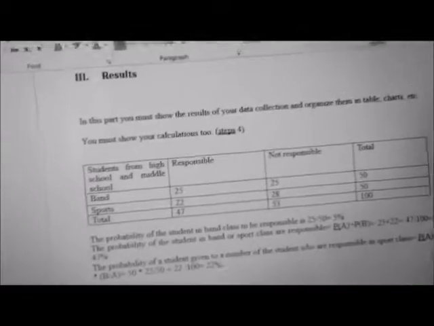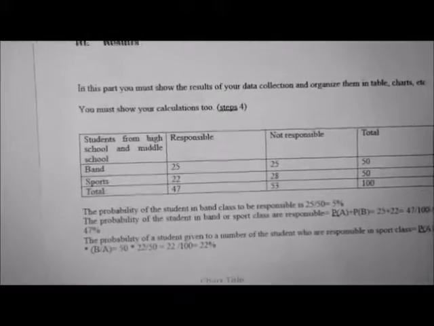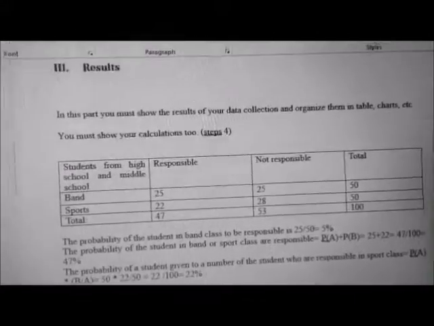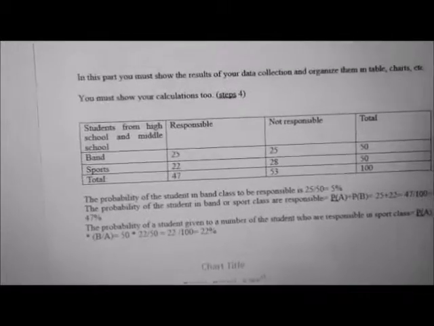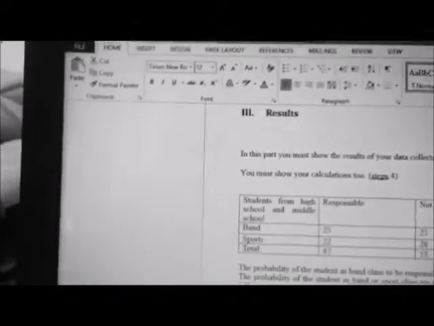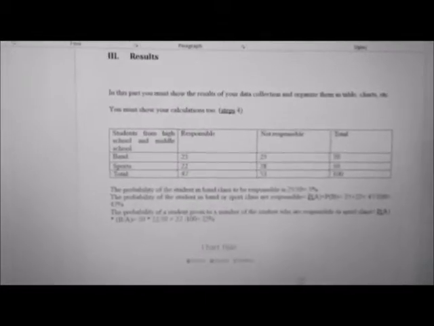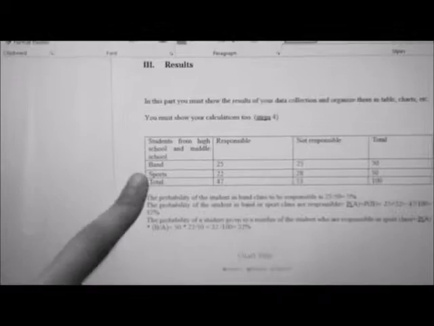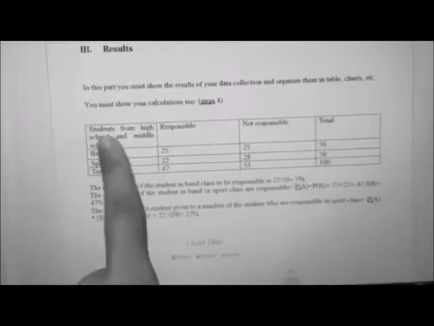Hello, I'm back. The frequency table that I'm going to show you is for my big project. I have been researching and surveying for my big project. The students from middle school and high school are here, with responsible, not responsible, and total. Here I put band and sports and see who is responsible and who is not.